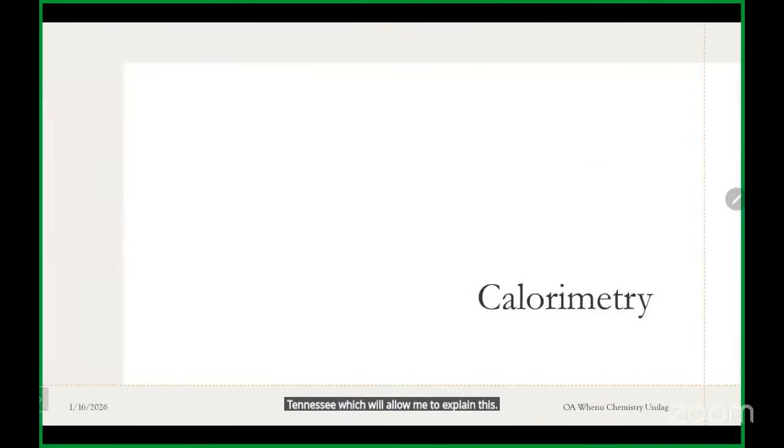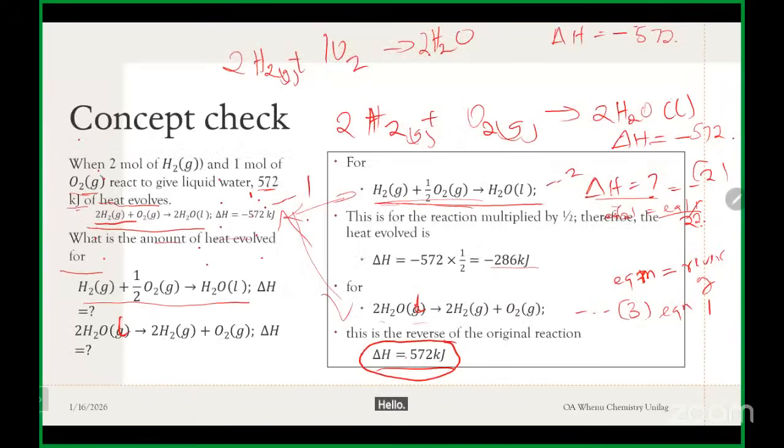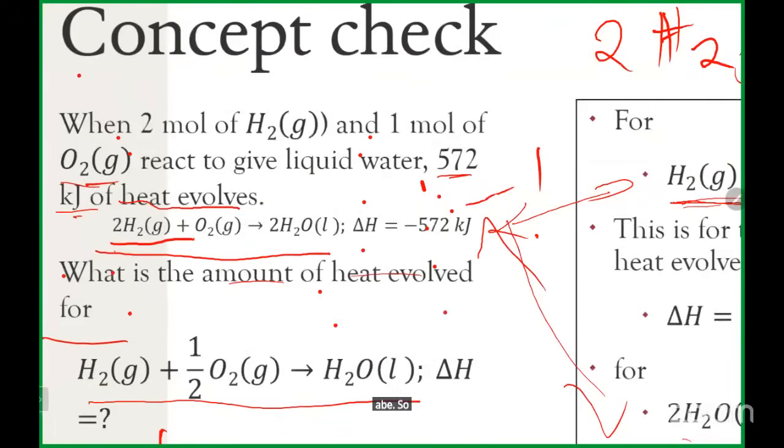But you must cancel kilojoules. I did not cancel kilojoules, I beg. So this is the original equation. If you compare it with this one, you will see that this equation 1 is 2 of equation 2.